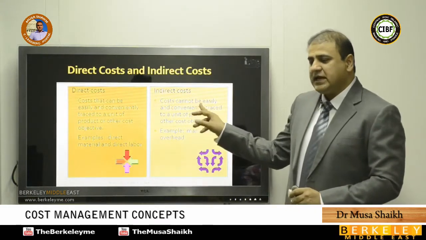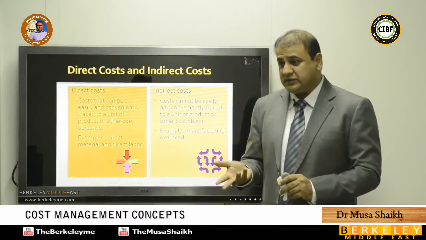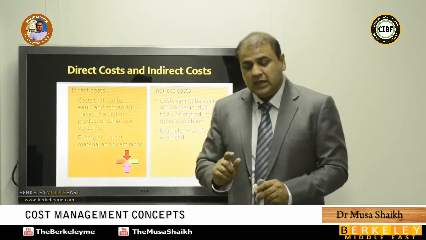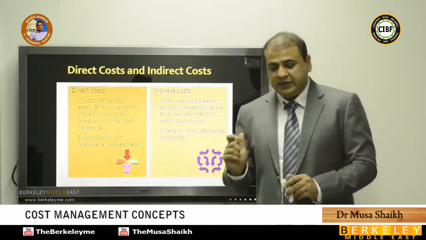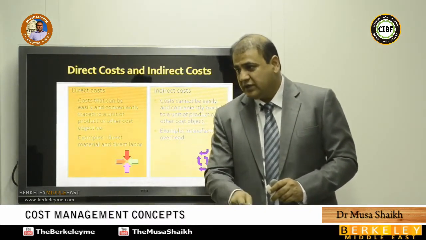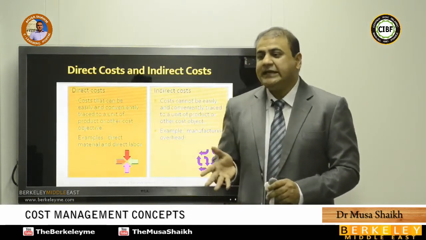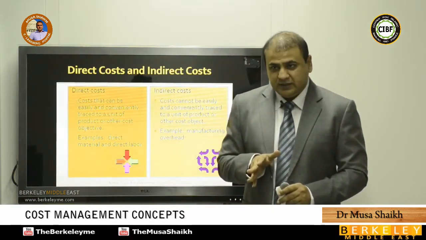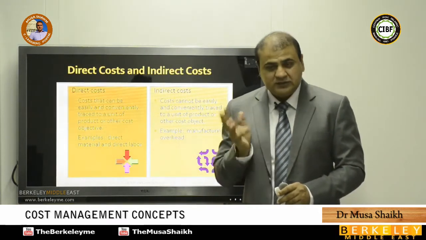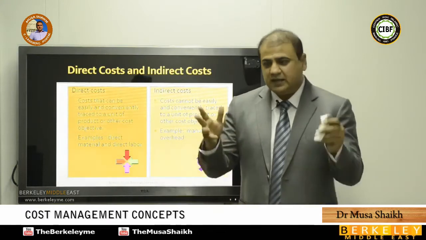Indirect cost cannot be easily identified as a product cost. Because in the chair you are sitting in, there is glue, there are screws which I cannot see because these are hidden in the chair. These are indirect material, right? Indirect, I cannot see, but without that it was not possible to make a chair stand.